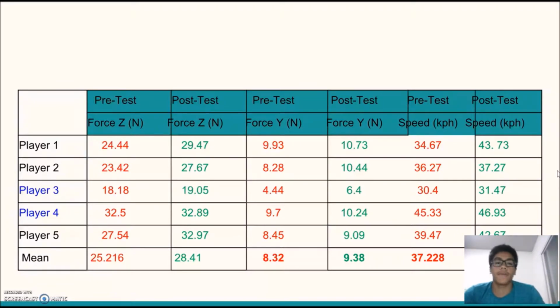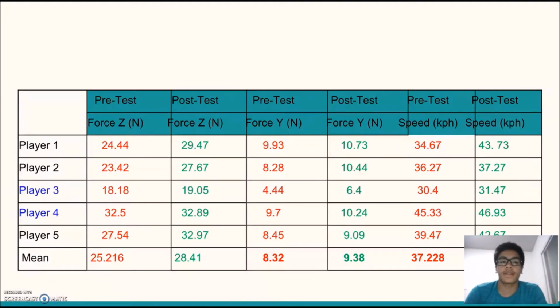So another thing we can observe here is the interrelatedness of the force Y and force Z with the speed. If you can observe this table, players 4 and 5 have similar force Z, meaning they had similar acceleration Z. So they had a similar acceleration force during the forward swing phase.